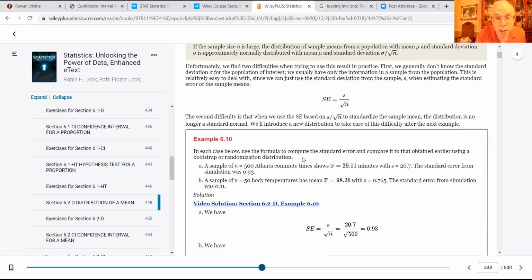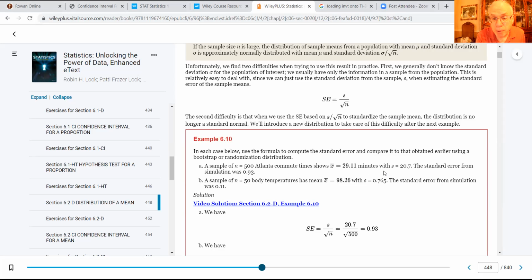So for example, in this example here, we have a sample of 500 Atlanta commute times. Now, commute time is a continuous random variable. So we're going to find its mean, 29.11 minutes. Out of those 500 Atlanta commuters, their average commute time is 29.11 minutes with a standard deviation of 20.7. In other words, if we entered all 500 commute times into our calculator or into Excel and found the mean and standard deviation, we would find these two numbers here.